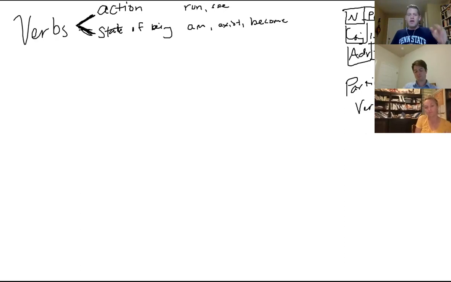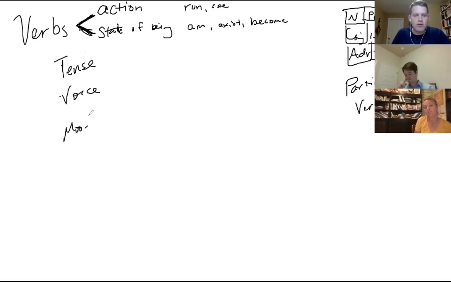So there are other subparts of speech, but they're all built off of these big parts. So with verbs, we've got 5 different things, 7 total we'll see: tense, voice, mood, person, number, and root and translation.